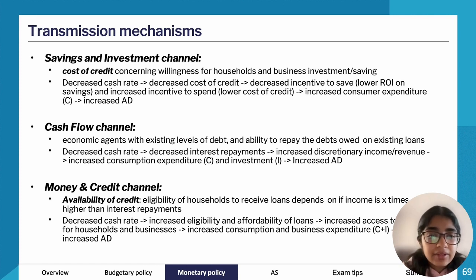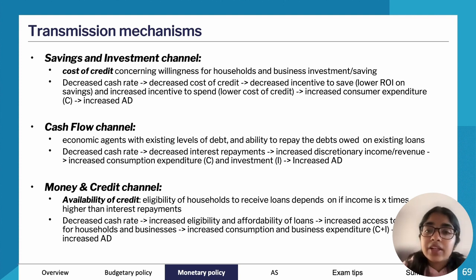Next, the money and credit channel, or another word for it is the availability of credit channel. It's basically how eligible different households or different people are to get loans. So let's say interest rates were 0% like they were before. If I was earning $100K a year, I'd be able to borrow $1 million, right? Because there are no interest rates, nothing of that.